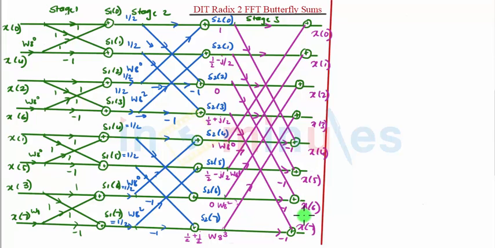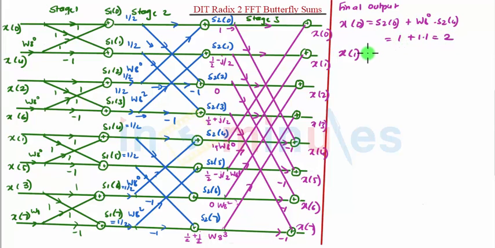So the final output is here. x of 0 is given as input, that is s2 of 0 plus the multiplying factor W raised to 0 multiplied by s2 of 4. So that finally gives us W raised to 0 into s2 of 4. That would be 1 plus 1 into 1, that is 2. For x of 1, it would give us s2 of 1 plus W raised to 1, looking at this flow that is coming from here, into s2 of 5.